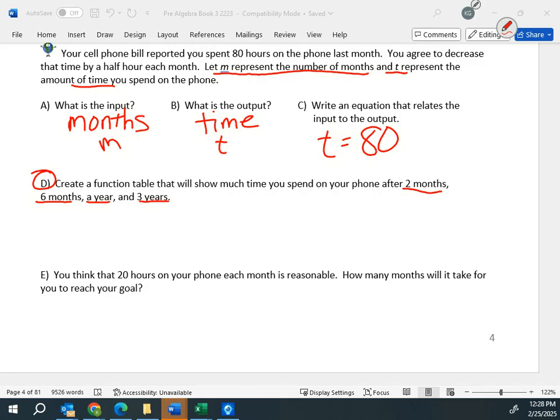Okay. I'm going to subtract. Now, I've already done the 80 hours. So now I'm going to look at that half hour each month. So if I'm decreasing it by that half hour, that's the half, 0.5, every month.